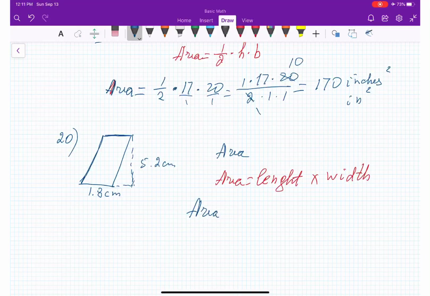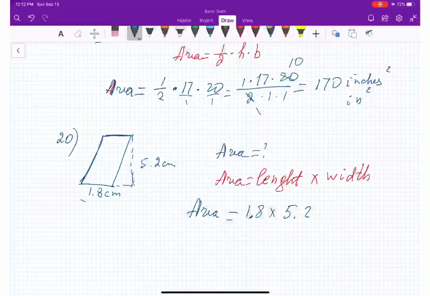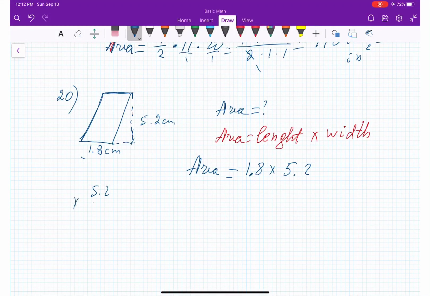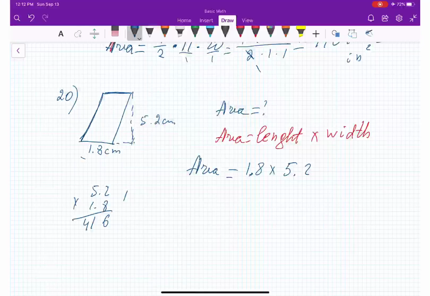area is going to be equal 5.2. Let me write first the way I put down there. I first put length, here is 1.8 times 5.2. So let's multiply. 5.2 times 1.8. 8 times 2 is 16, 1 in mind. 8 times 5 is 40, and 1, 41.